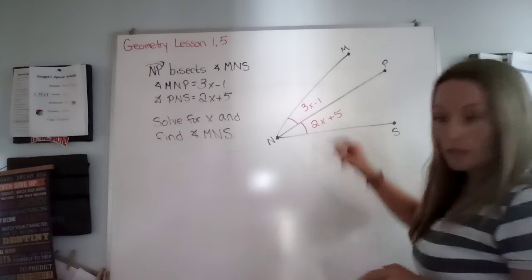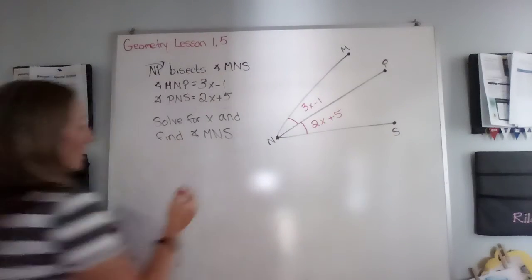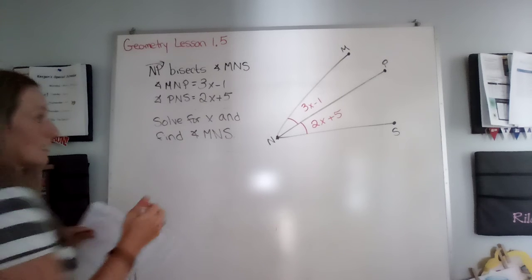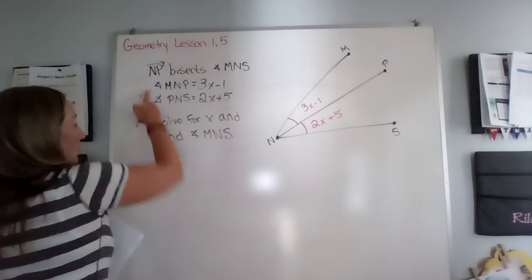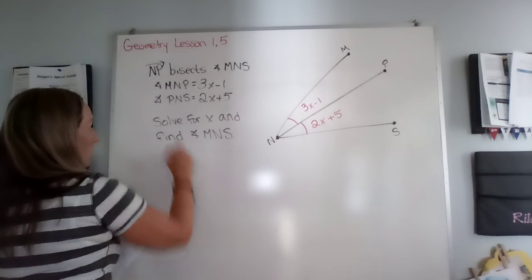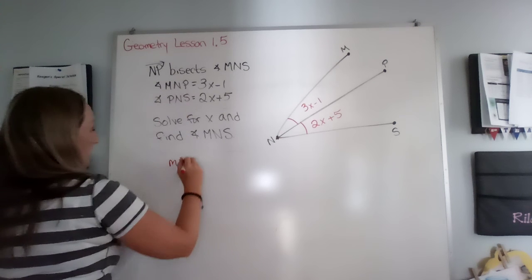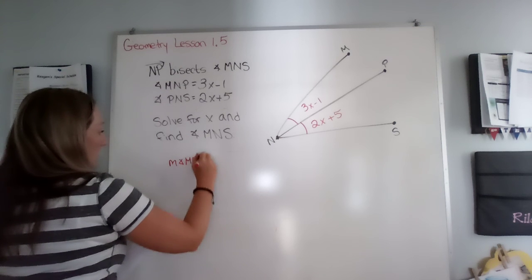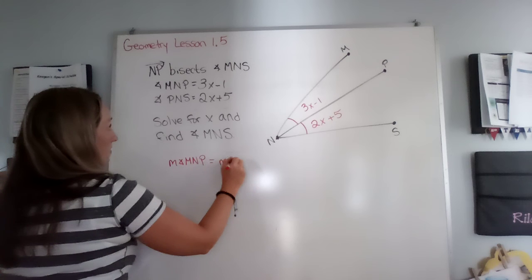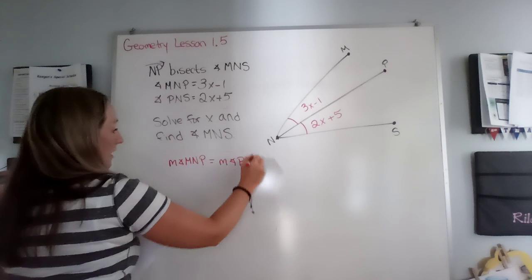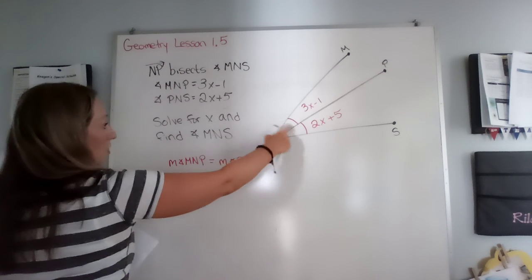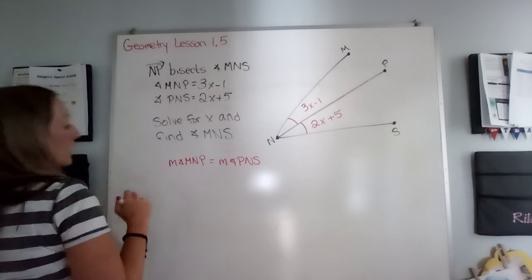They are equal to each other. Okay, so when I'm using the angle bisector, you're going to be setting two things equal to each other. You know that the measurement of angle MNP is equal to the measurement of angle PNS. Okay, right? We've marked them equal to each other because of that word bisect.